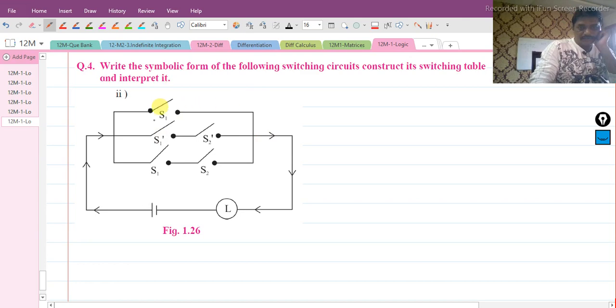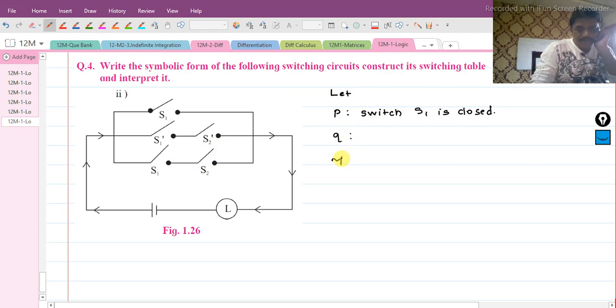यहाँ पर है S1, S1 dash, S1, S2 dash, S2. So let me start with let P is switch S1 is closed. S2 भी है यहाँ पे Q, negation P and negation P. Switch S2 is closed.